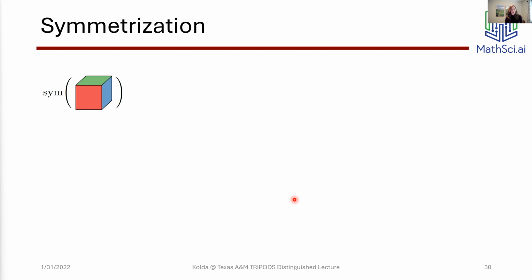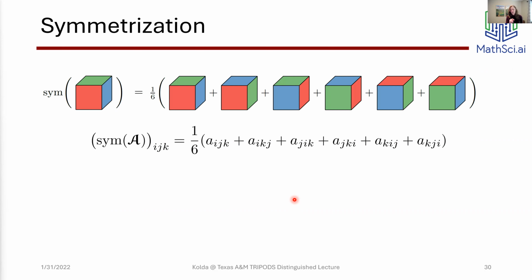I can say the symmetrization of a three-way tensor is 1/6, the average of all the different permutations of its indices. So the ijk entry of the symmetrized tensor takes all the different permutations of the indices, adds them up, and then takes their average. That's a powerful way to go between a non-symmetric tensor and a symmetric tensor.